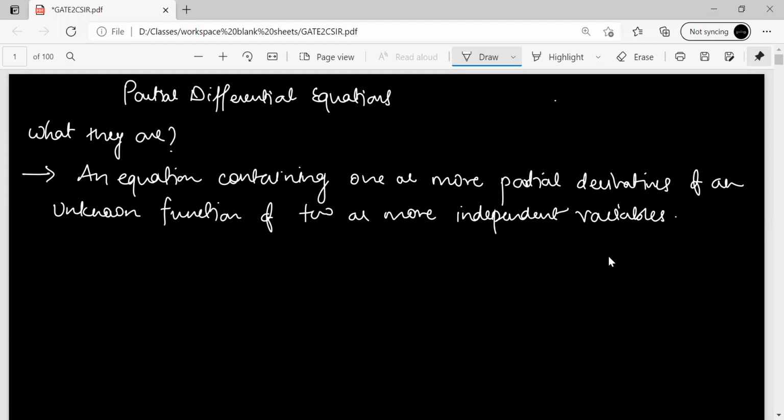So it's basically an equation with one or more partial derivatives of an unknown function of two or more independent variables. What do I mean by this word partial?